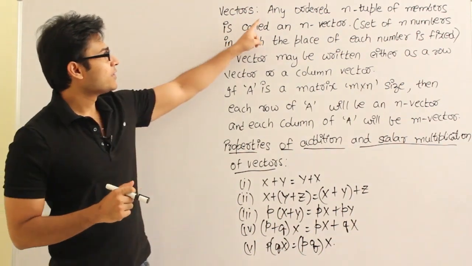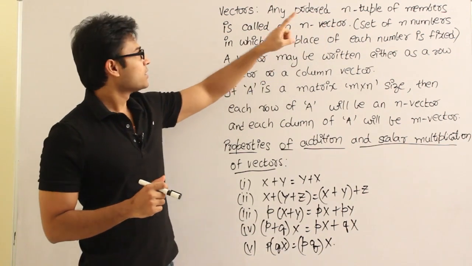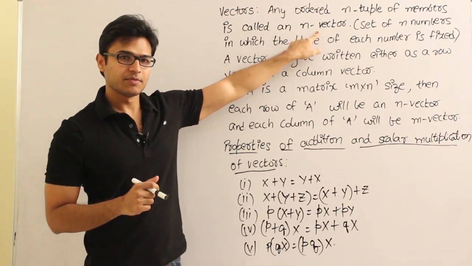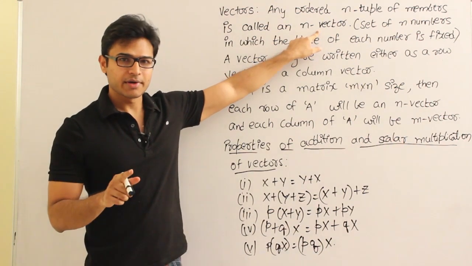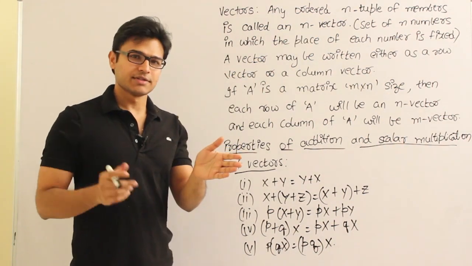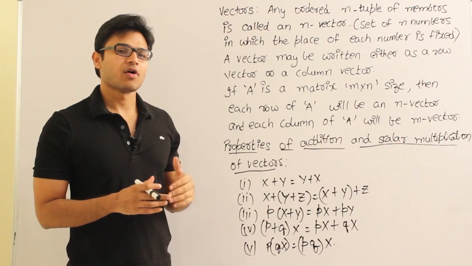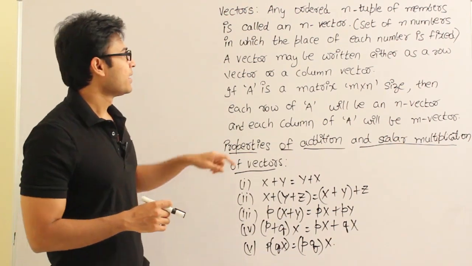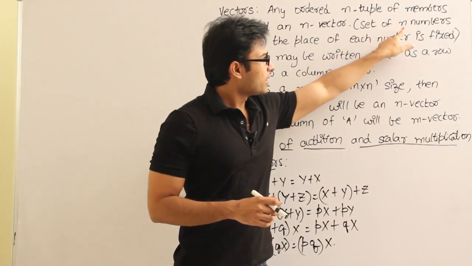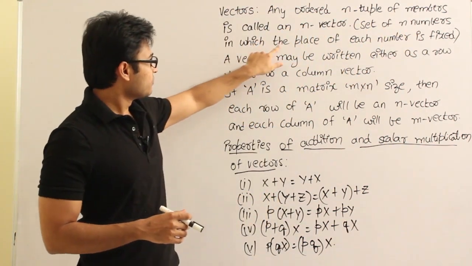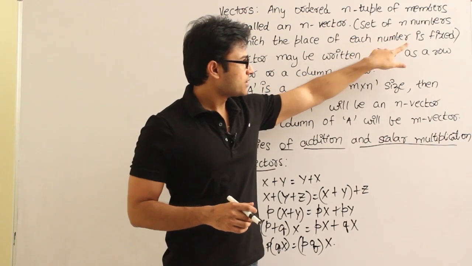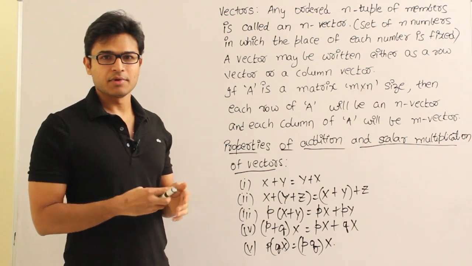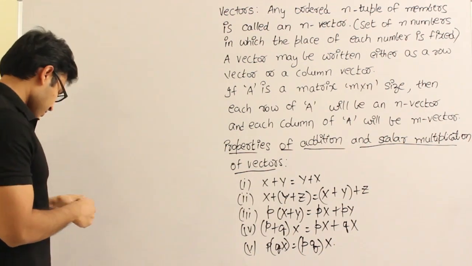Now say this: any ordered n-tuple of numbers is called an n-vector, which means if you have an ordered set where the order is fixed, and you have n elements, then that is called an n-vector. A set of n numbers in which the place of each number is fixed is also a definition of a vector.